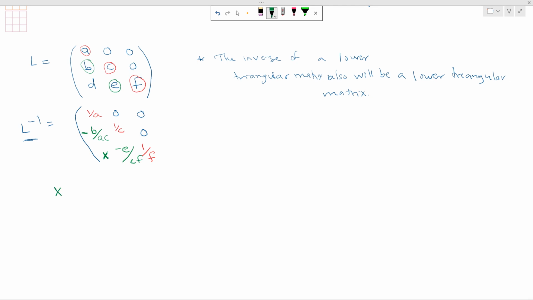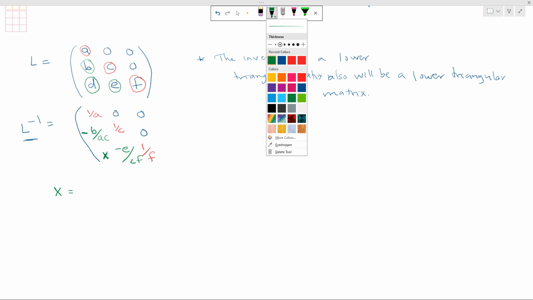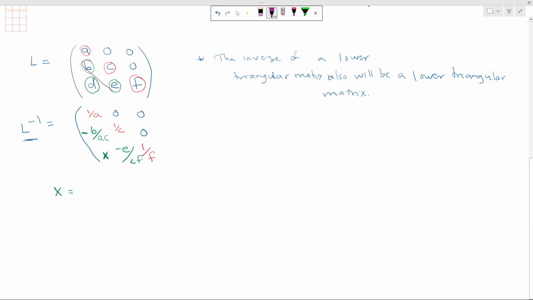Now for X we have an equation, right? So X will be equal to, now you see we have to find the entry corresponding to this element, right? So let me use a different color. What you have to simply do is multiply this and this, so BE minus CD, like you do for finding the determinant, right?